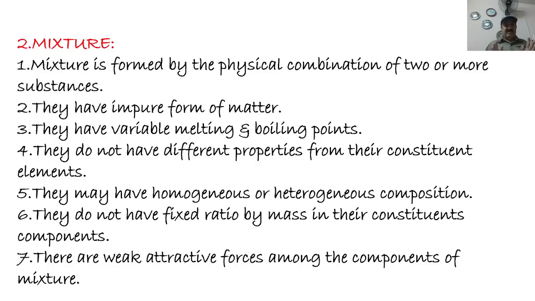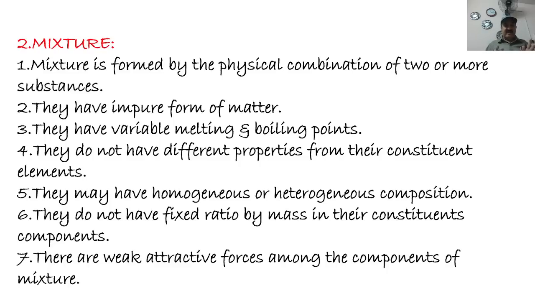Number four, they do not have different properties from their constituent elements. This means the mixture formed from the elements will have the same properties; the properties do not change. The properties of the mixture are not different from the properties of the constituents from which they are formed.